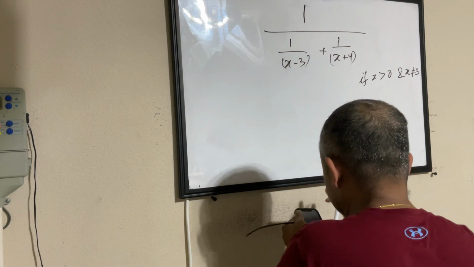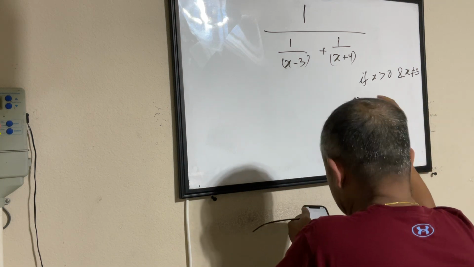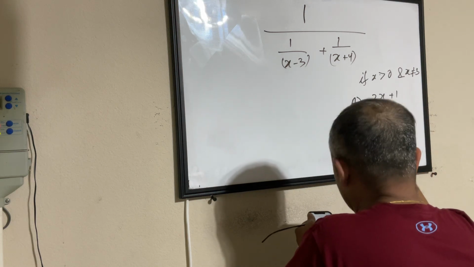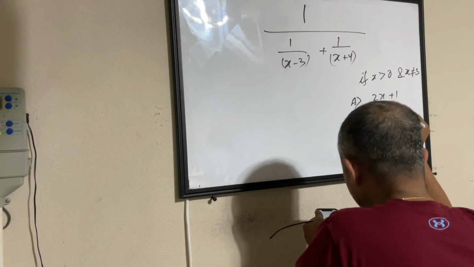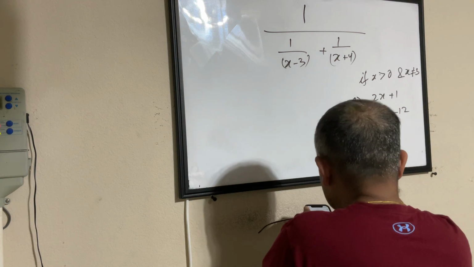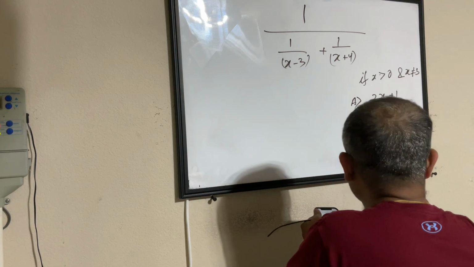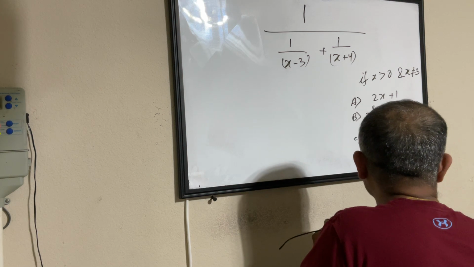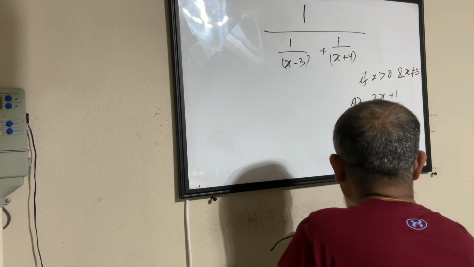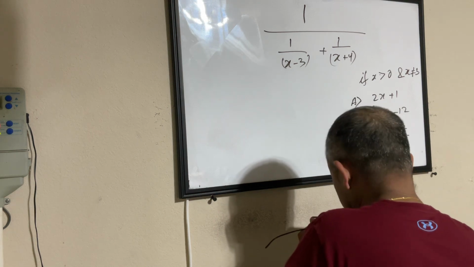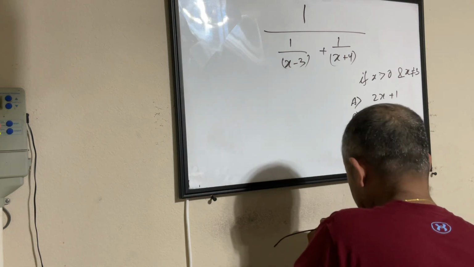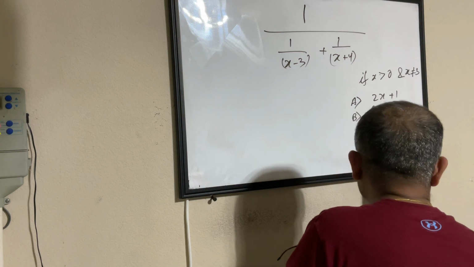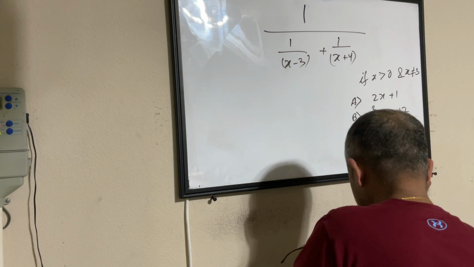Let me write it down. A is 2x plus 1, B is x squared plus x minus 12, C is x squared plus x minus 12 by 2x plus 1, and D is 2x plus 1 by x squared plus x minus 12.